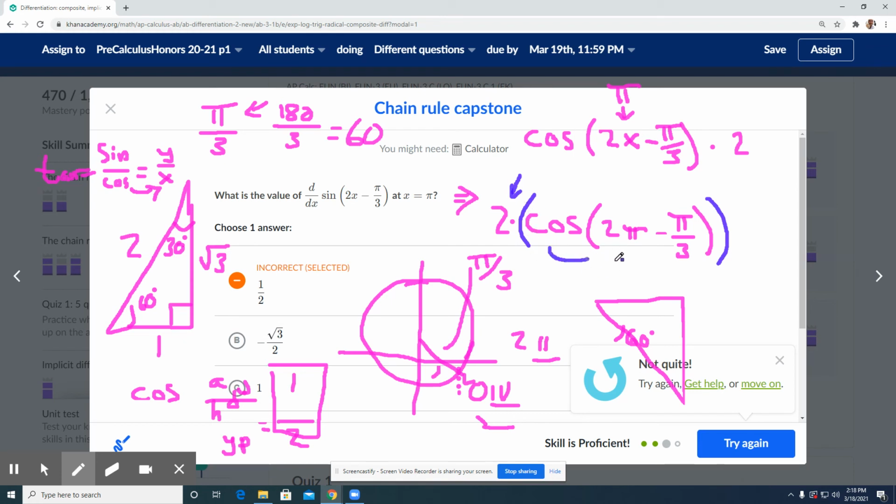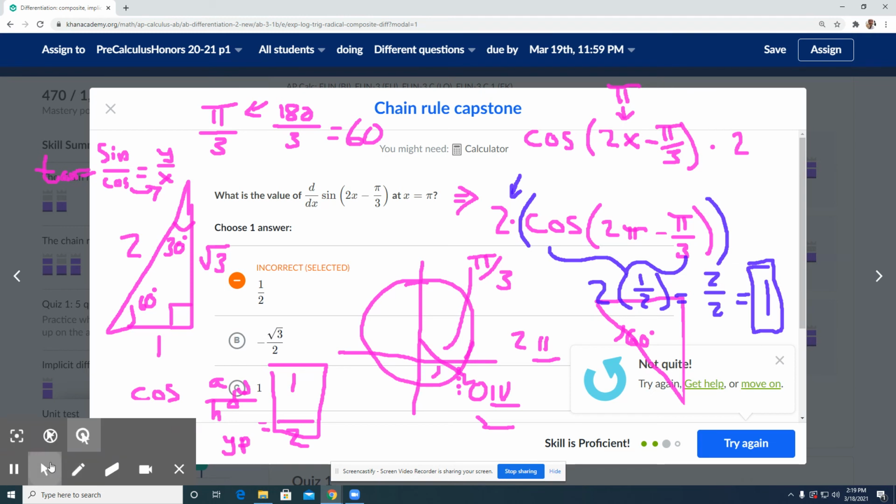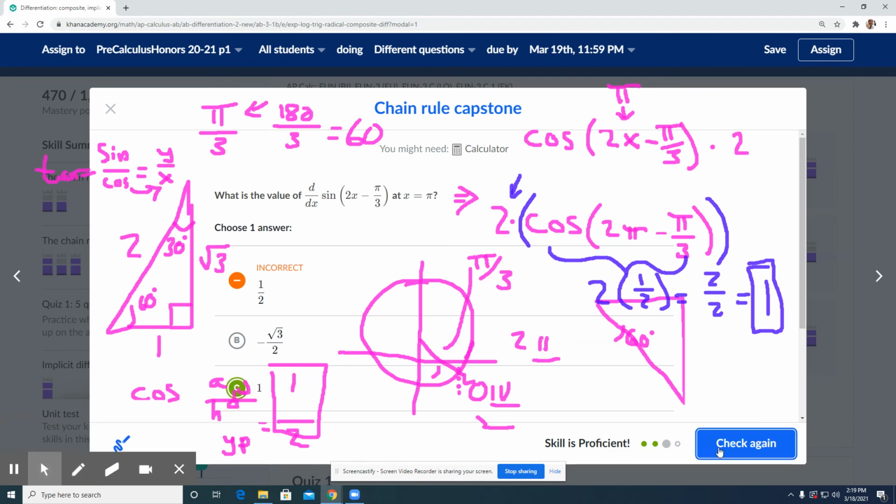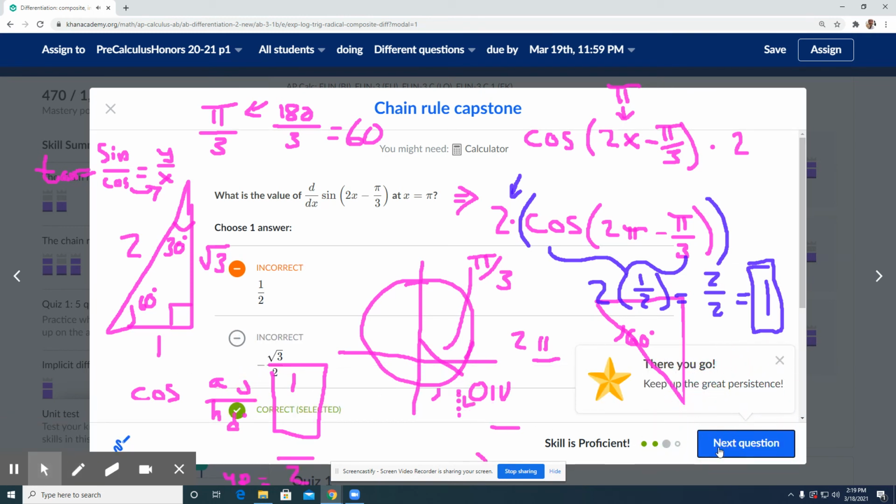So all of this turned into 1/2. I still have my times 2 in front. 2 over 2. Uno. Well, that's what I get for trying to go too fast. There I go. Keep up the great persistence. Thank you, Professor Kahn. All the trig was correct. I forgot to multiply by 2.